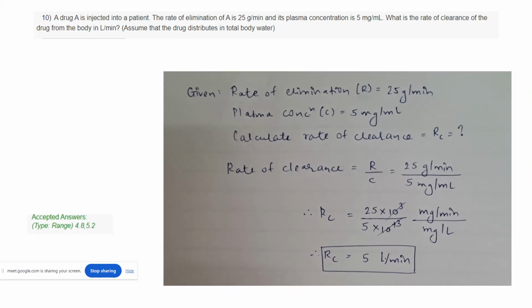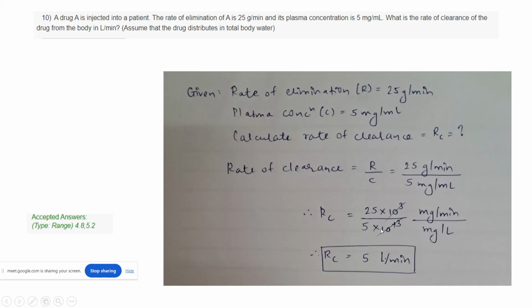Okay. Here is the answer. So you have rate of elimination R equals 25 gram per minute, and plasma concentration is given 5 mg per ml. So the rate of clearance, RC, would be rate of elimination by plasma concentration, which is 25 gram per minute by 5 mg per ml. So you can change the units.